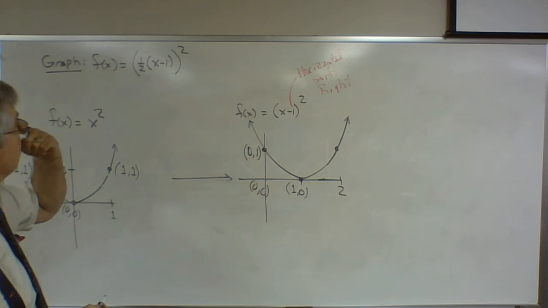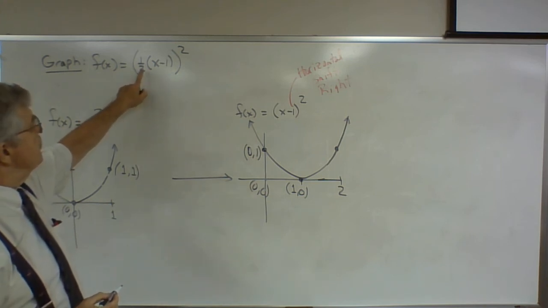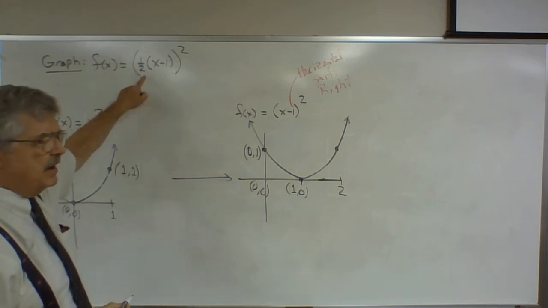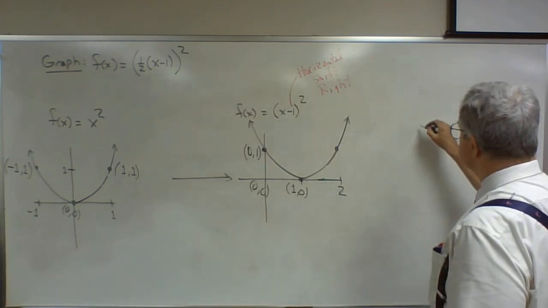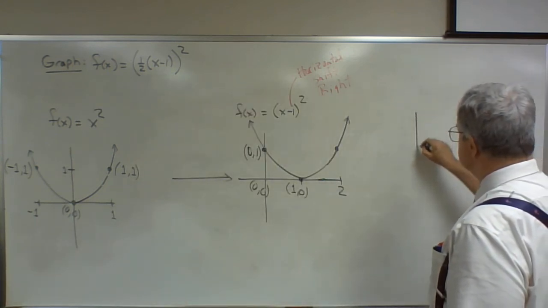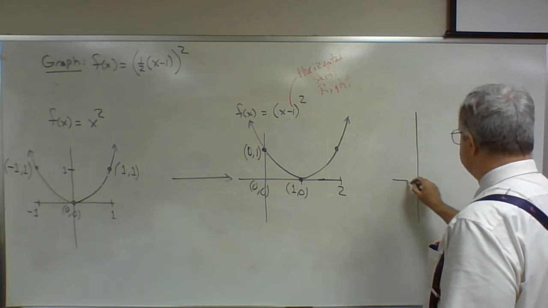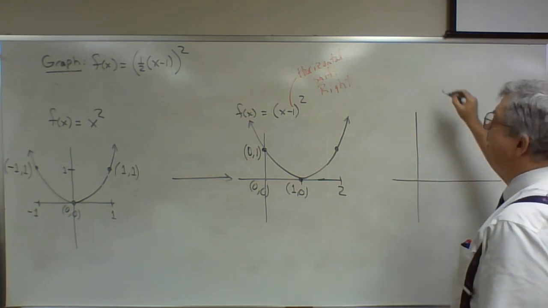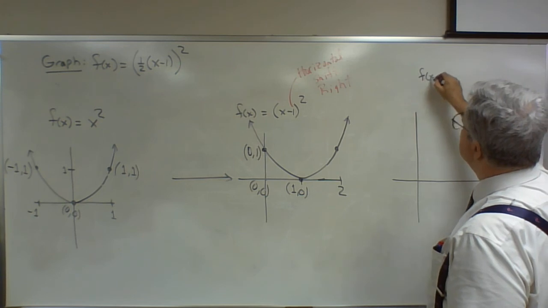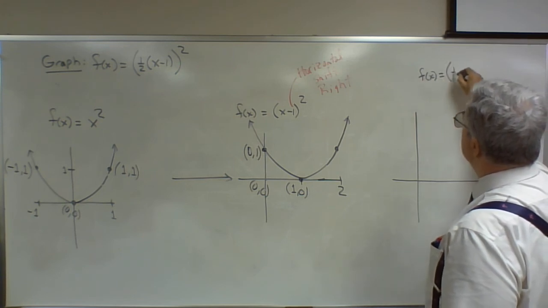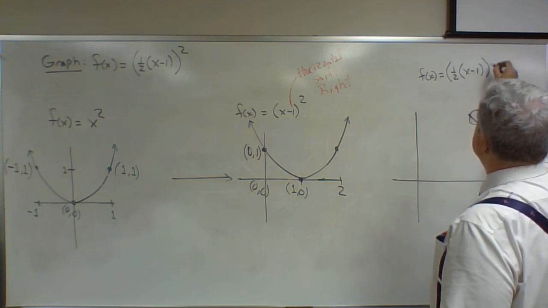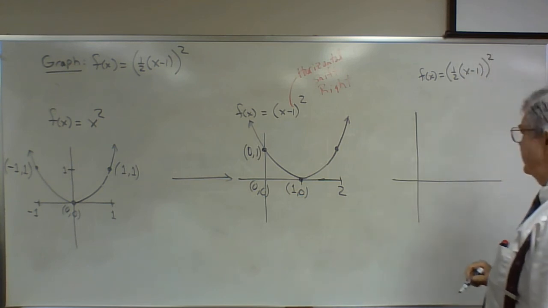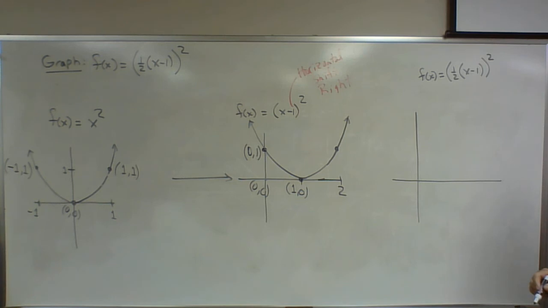Now we have to incorporate multiplying by 1/2. f of x equals 1/2 x minus 1 quantity squared. Holy moly.